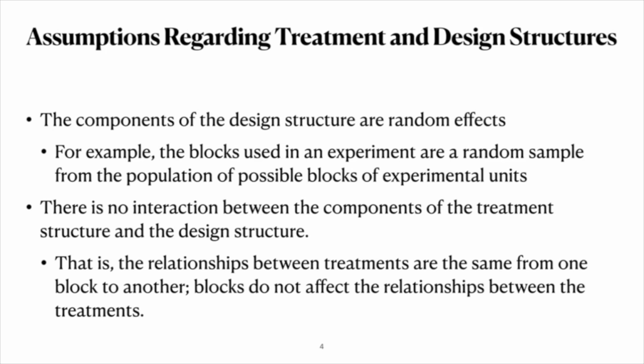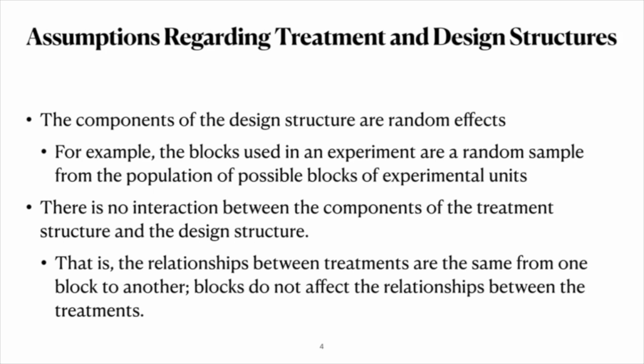Now, there are some assumptions that are made regarding the treatment structure and the design structure of an experiment. The first is that the components of the design structure are assumed to be random effects. One example of that would be the blocks used in an experiment, for example, in a randomized complete block design, which we'll look at after we get done with this particular design.